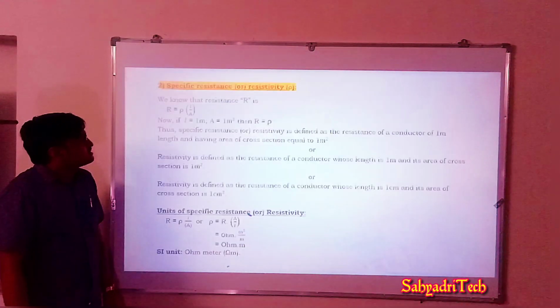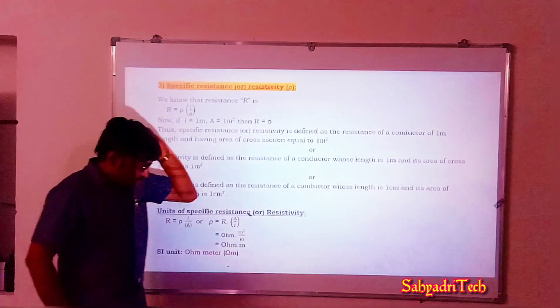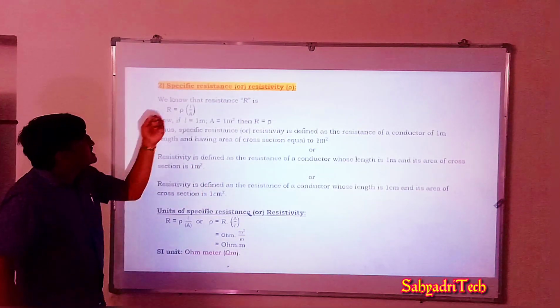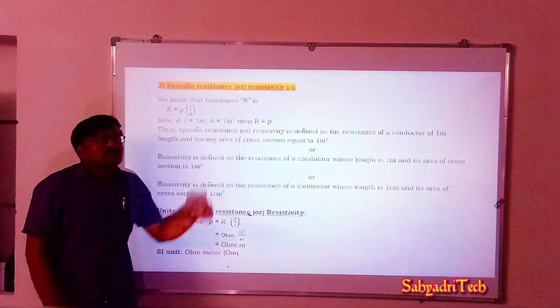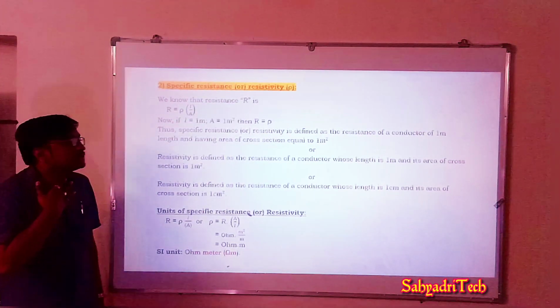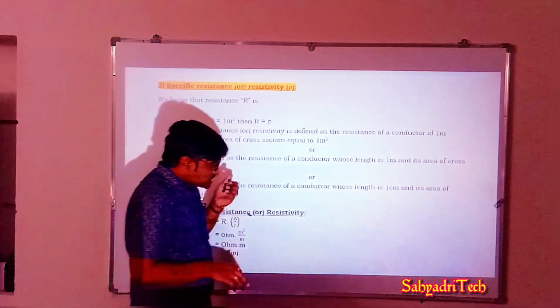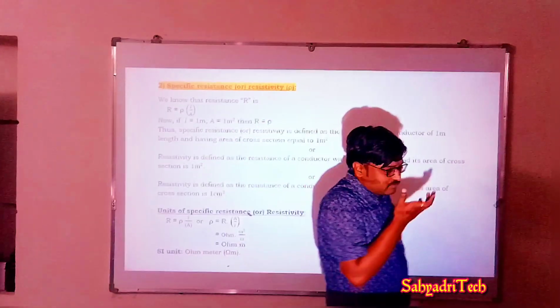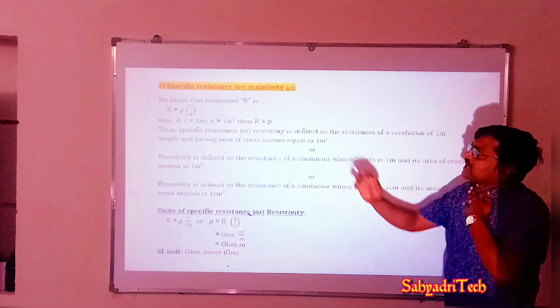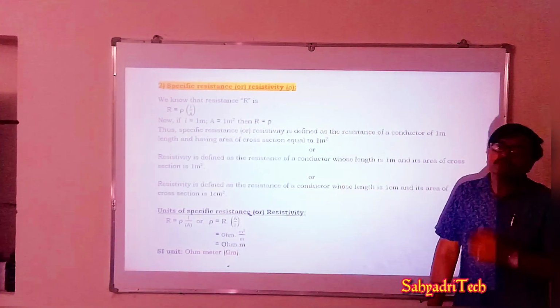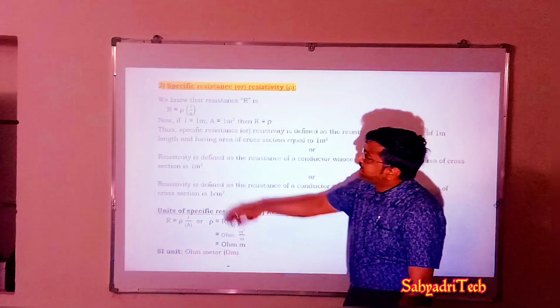Well, coming to the second one, as we said, rho, that is specific resistance, also called resistivity of a conductor. We know this relation. First we go with the mathematical form. R is equal to rho into L by A is the mathematical expression.